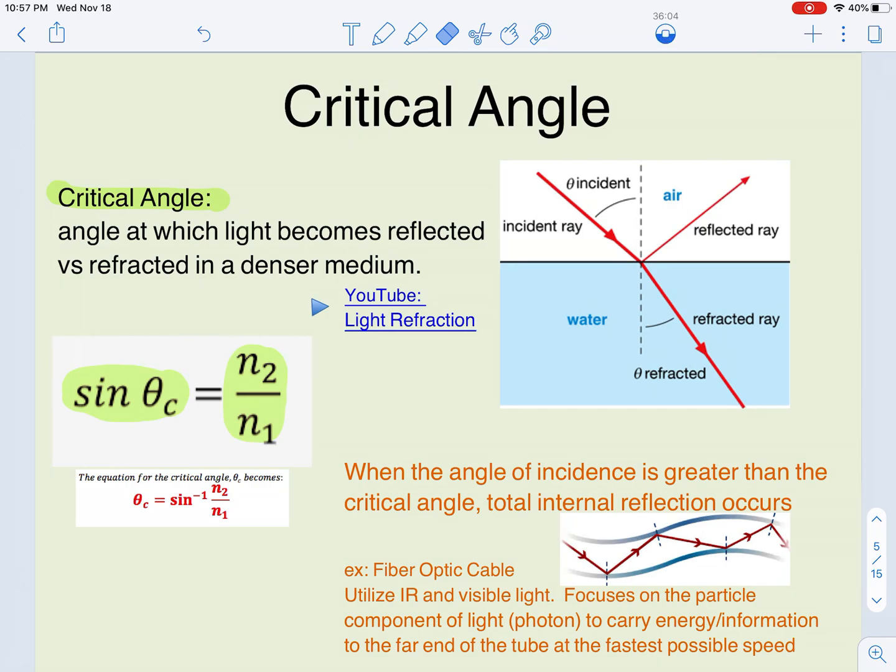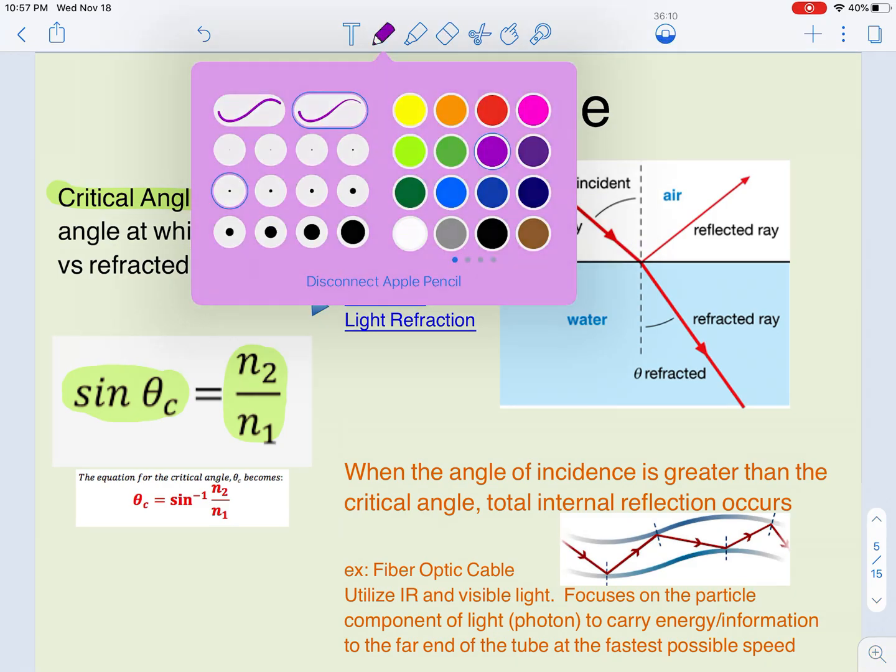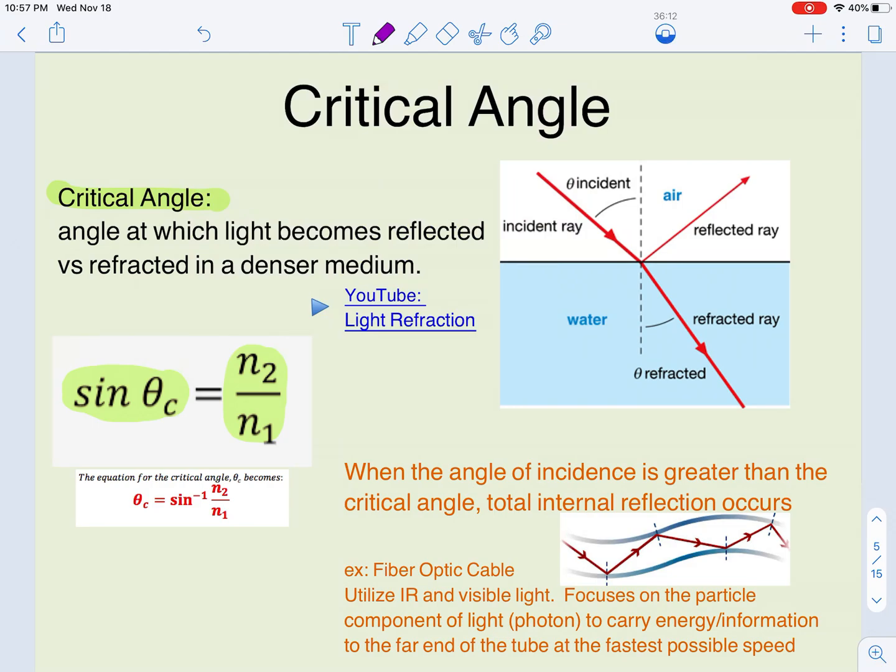I want you to also understand that the light does not always originate from the water. If I had, and in the video they will put a scuba diver in the water, my light originating from the water, then this would be my n1.